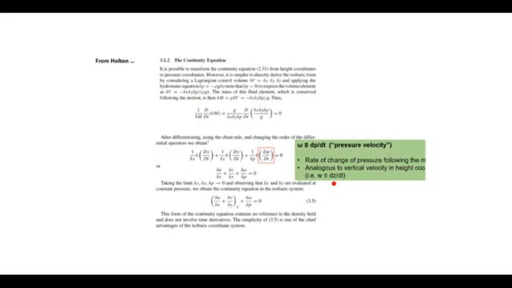In pressure coordinates, omega is used as the vertical velocity, the change in pressure over time. Remember that in pressure coordinates, pressure takes the place of z as the vertical coordinate. So omega is analogous to w, the former being for pressure as the vertical coordinate, the latter for height as the vertical coordinate.